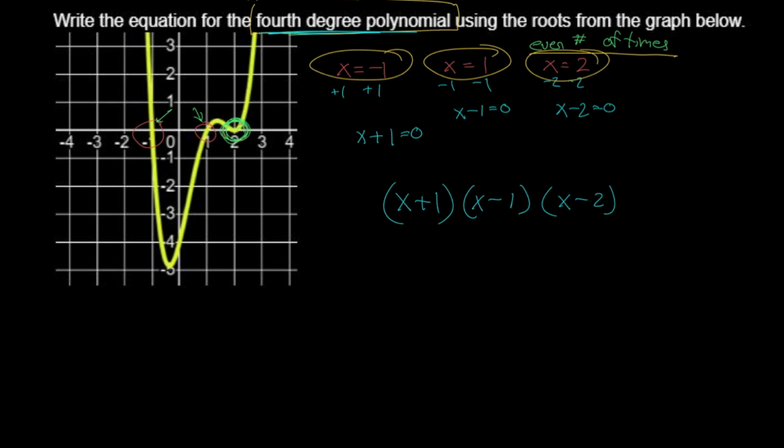But our degree can't be higher than 4, and currently we would have a degree 3, so this would just have to be 2. That's the only possible even number that would give us a total of 4 roots. We can't have more than 4. We can have 4 or less. Right now we have 3 visible roots. The only even number that I could use is 2 to make a total of 4. So this one is occurring twice.